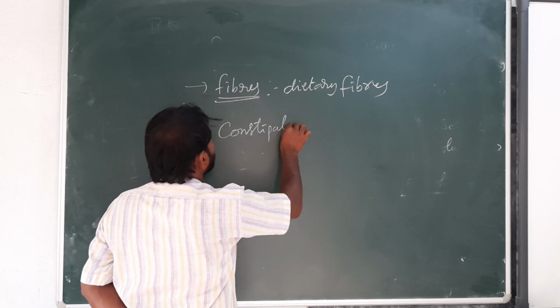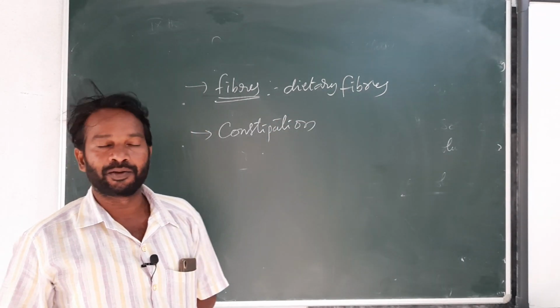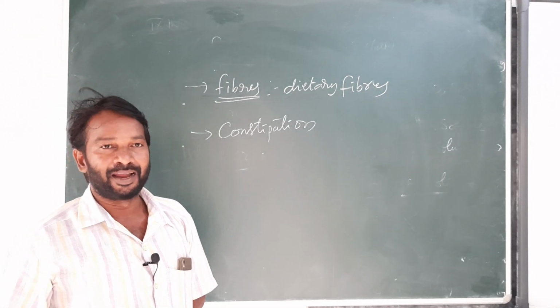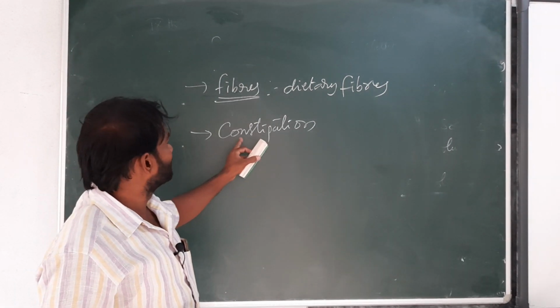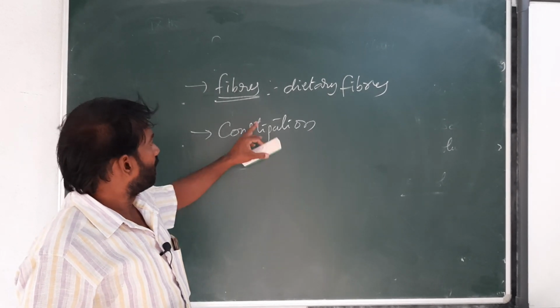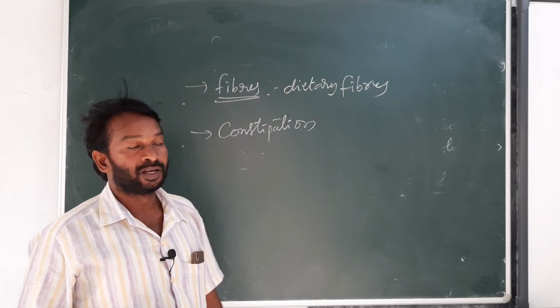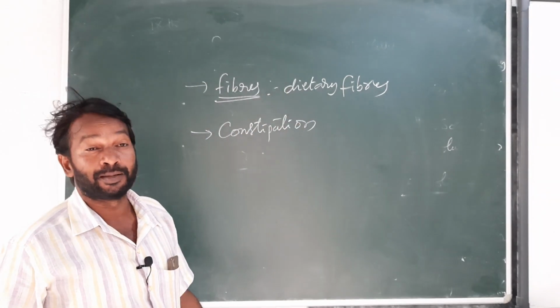Constipation is one type of condition where a person is not going regularly early in the morning. The constipation condition is caused by deficiency of fibers. What are the sources of fibers?